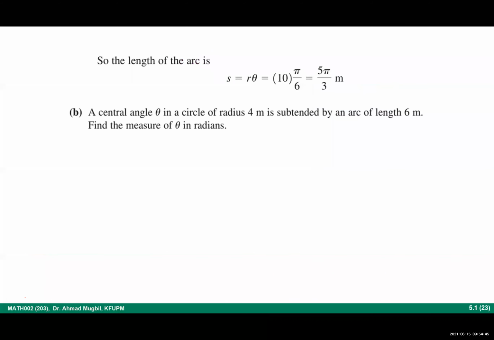Now, in the second part, we have an angle theta in a circle with radius 4. So we have r equals 4 meter. Subtended by an arc of length s. We have s equals 6 meter. The units are the same. This is good. Find the measure of theta. What is theta, shabab?